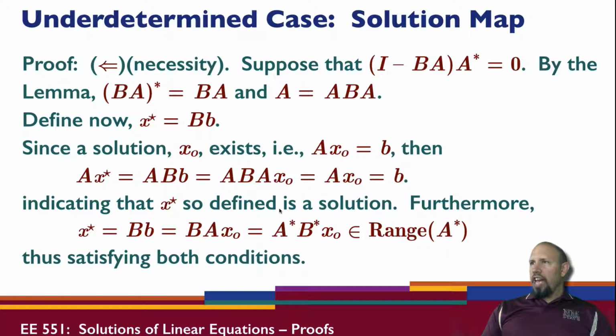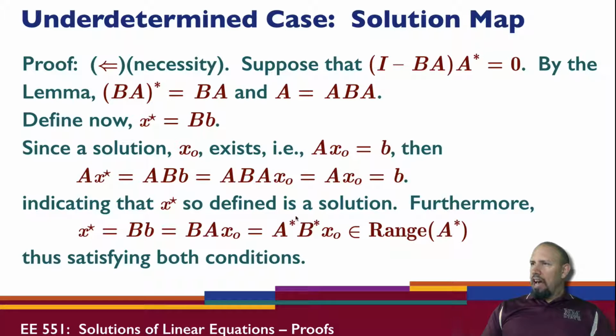So x star then is a solution. Furthermore, x star, given by this expression, is equal to B times little b, and little b is equal to A times x naught. This quantity is self-adjoint, and so its adjoint is A adjoint B adjoint.